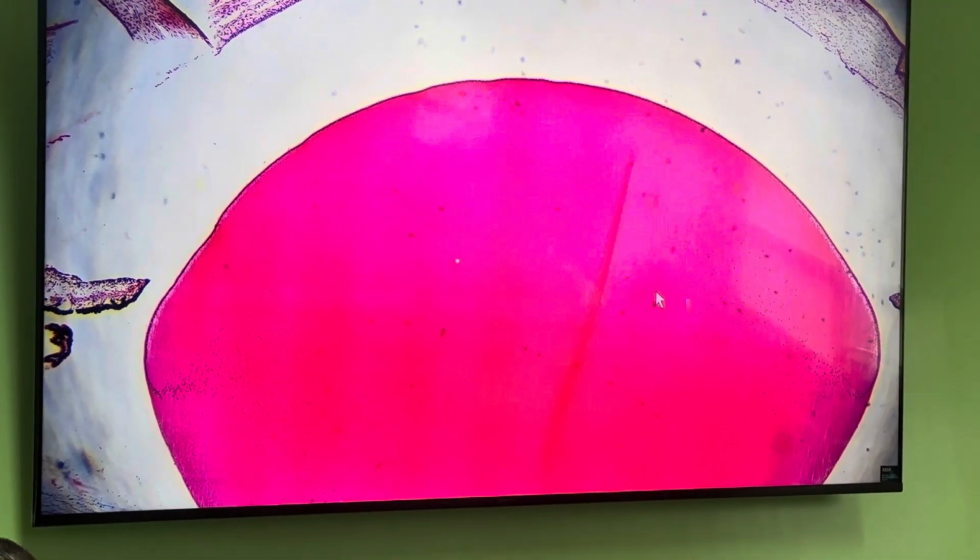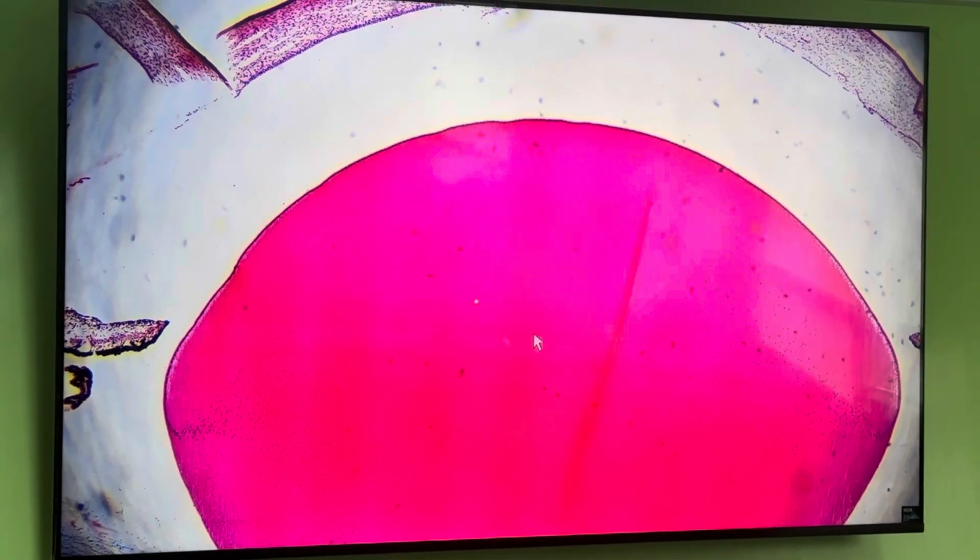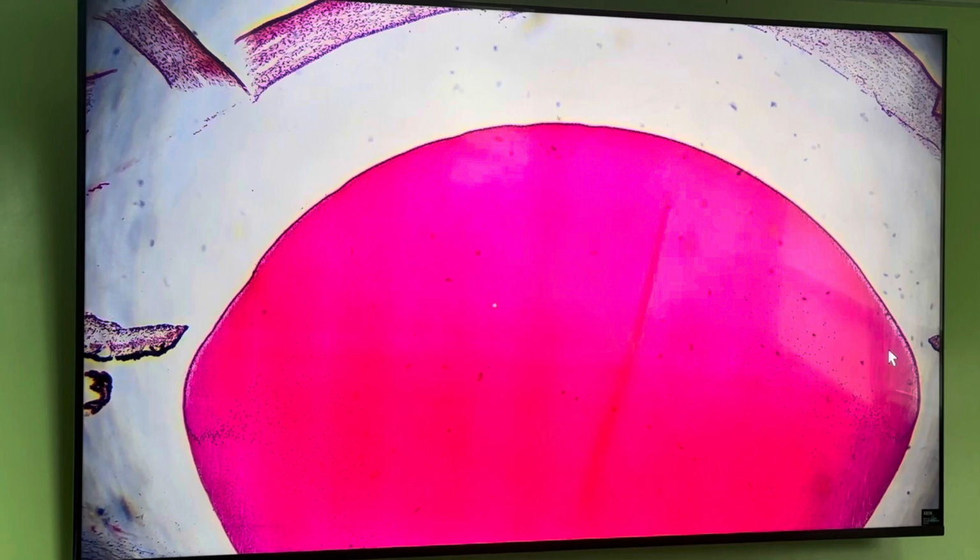The lens should be located posterior to the iris margin, because in between the iris would be the pupil. And the pupil is what we would see when we examine our patients. So it would either be smaller or bigger, depending on the intensity of the light, because the iris would control the size of the pupil.